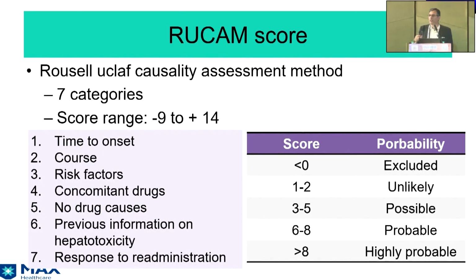So that is why we are not able to use it, and many a time we just presume that possibly the patient took this herbal medication or Ayurvedic medication and that was the reason for his raised liver enzymes. And like this, there have been other scores also, and recently there is a score called RECAM, the electronic version of RUCAM, a digital version of RUCAM, which might be easier to use.